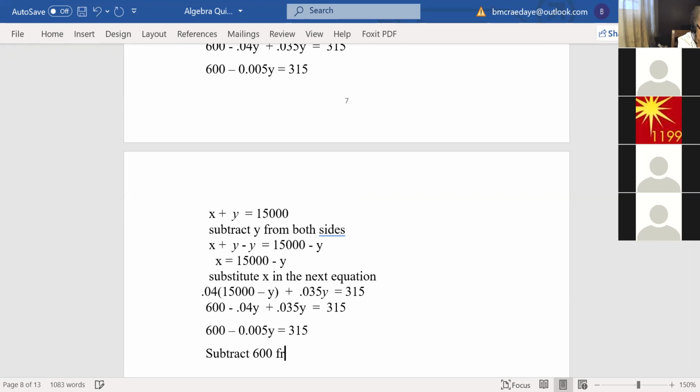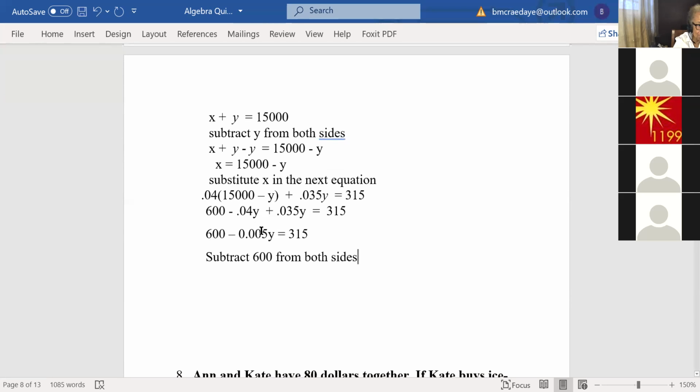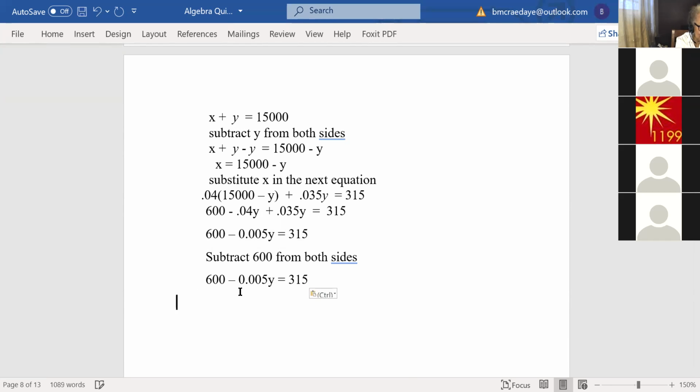Let's do that. We want to subtract the 600, so let's put minus 600 here and do the same thing on the right, minus 600.